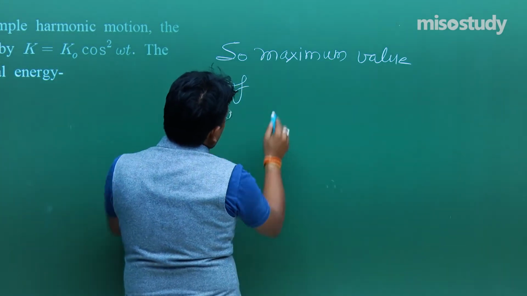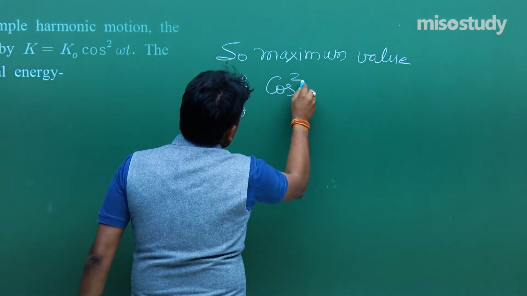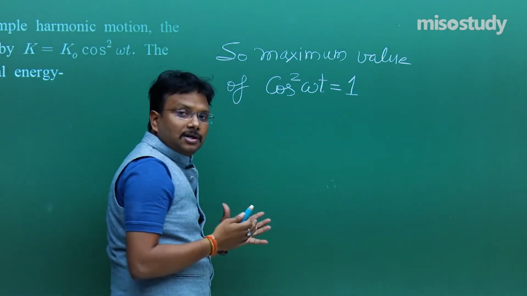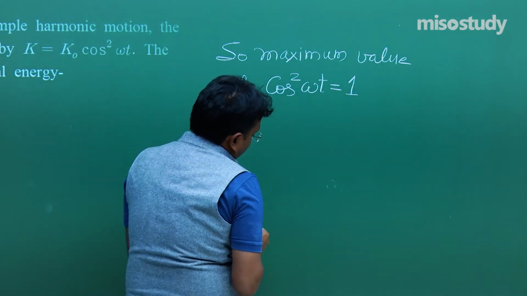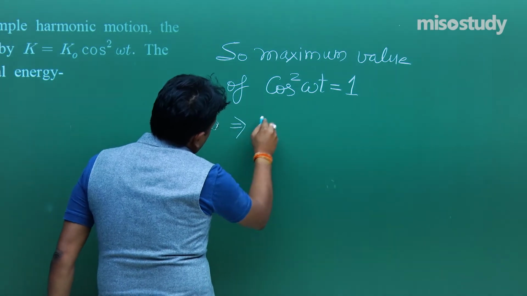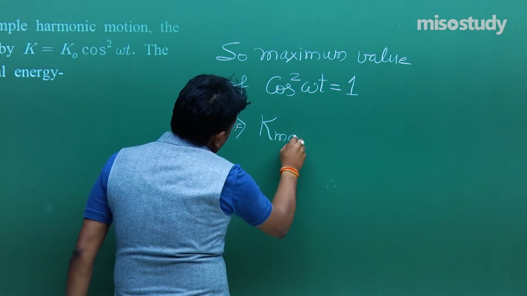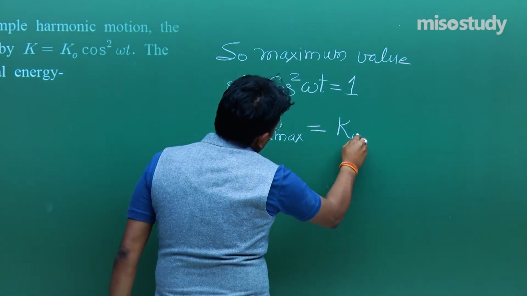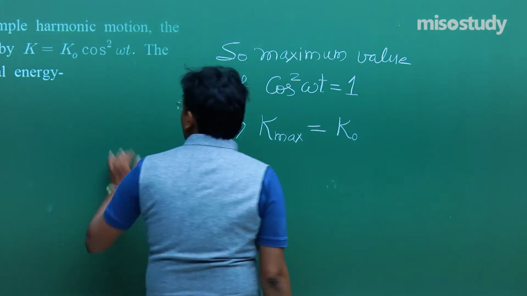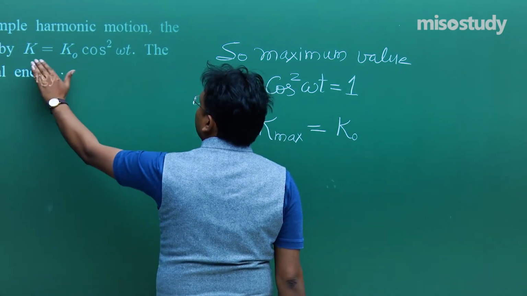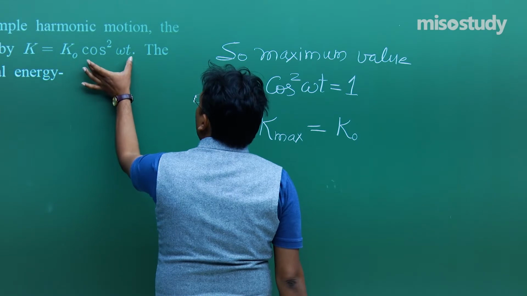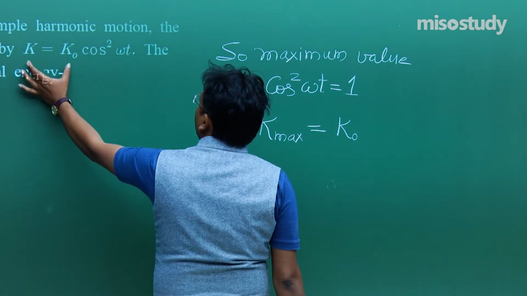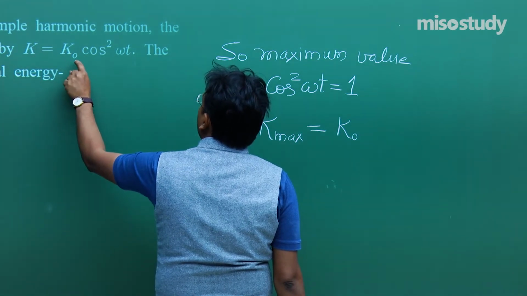So the maximum value of cos square omega t is equal to 1, as I mentioned. Fine. Now from here you can say this implies that K max, meaning maximum kinetic energy, is K naught. Why K naught? Because this is the general expression of kinetic energy. For the maximum, only this term is varying, so the maximum value of this term is 1. Therefore, maximum kinetic energy is K naught.